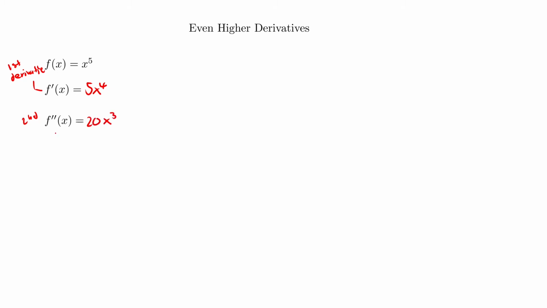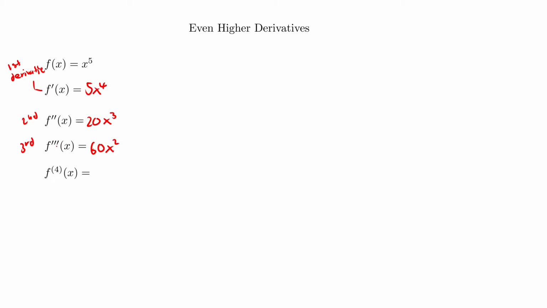And then we can take the third derivative. Notice that sometimes this is called f triple prime of x. So f prime of x, f double prime of x, f triple prime. And this will be the third derivative. So we take the derivative again. That's going to be 60x squared. And again, we can keep going.